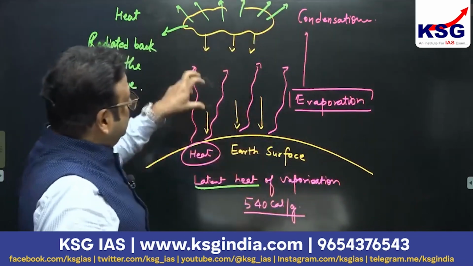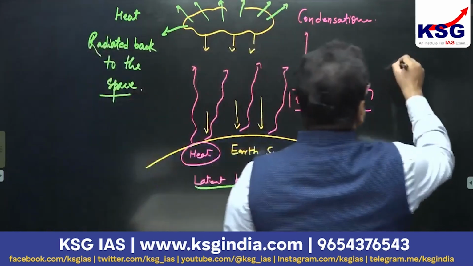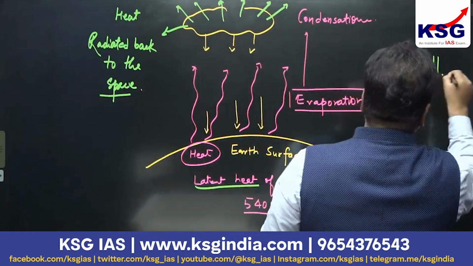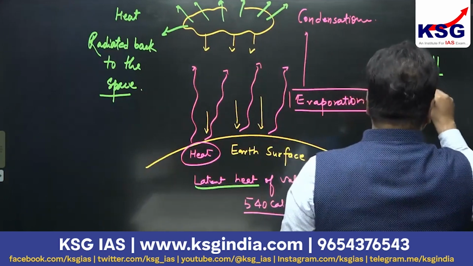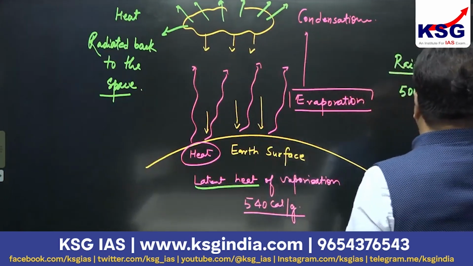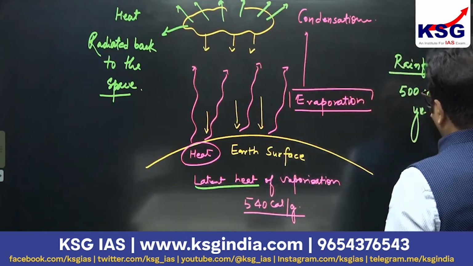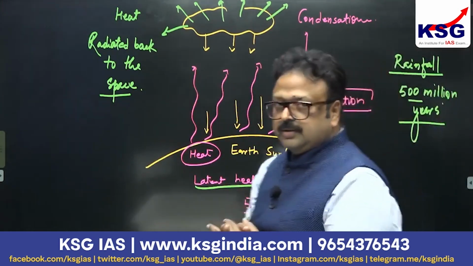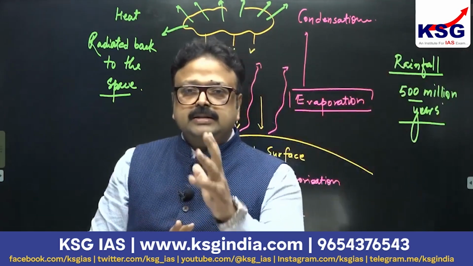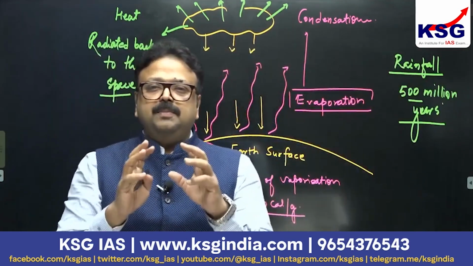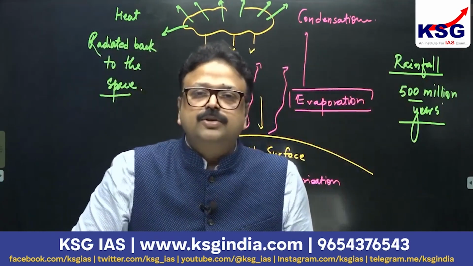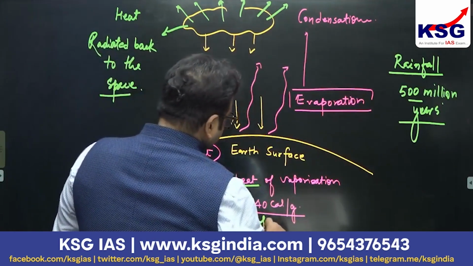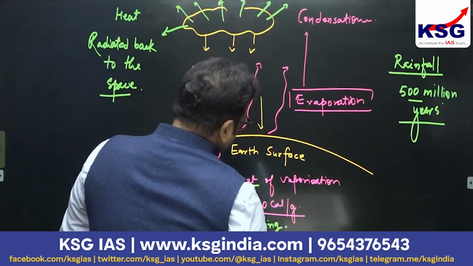And this rainfall cycle continues for 500 million years. Continuous rainfall was taking place. And in this process, the main thing which was happening was cooling of the earth's surface. So cooling occurs. And after cooling, what happened?